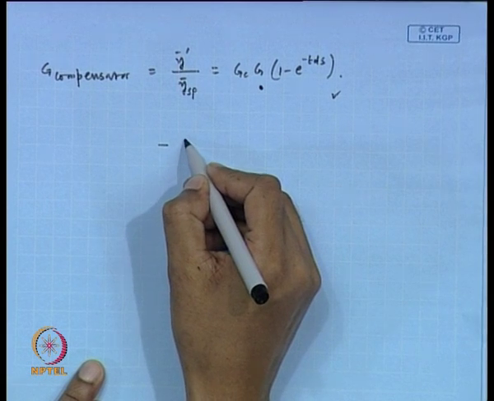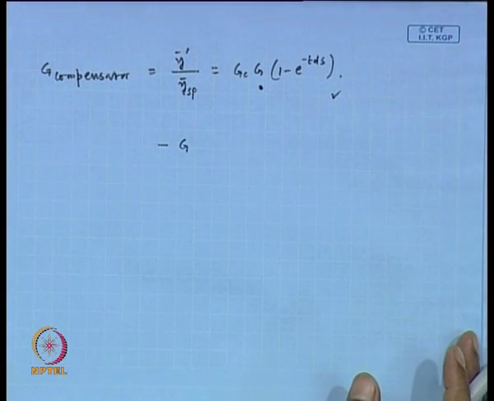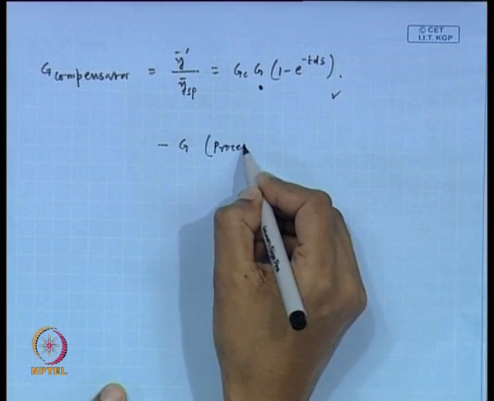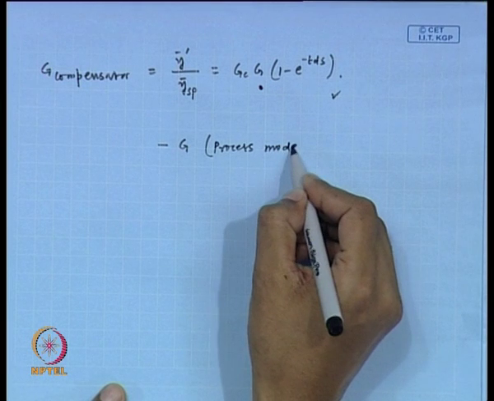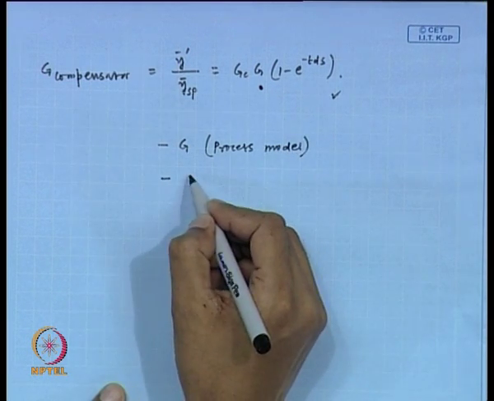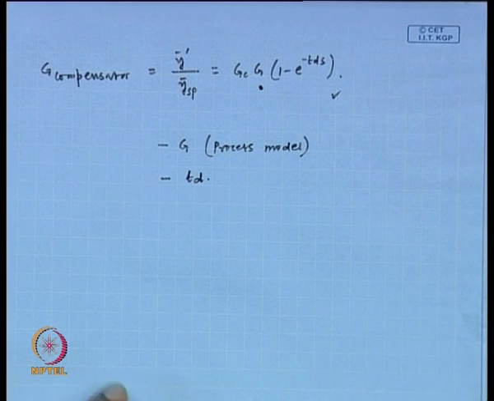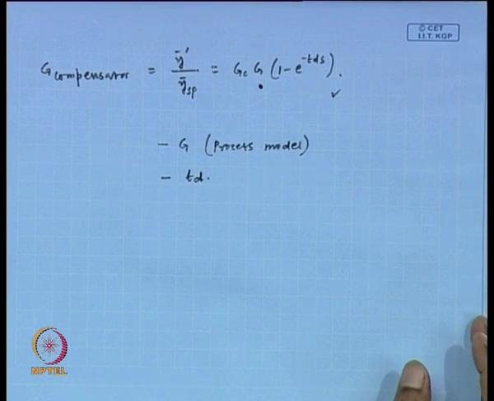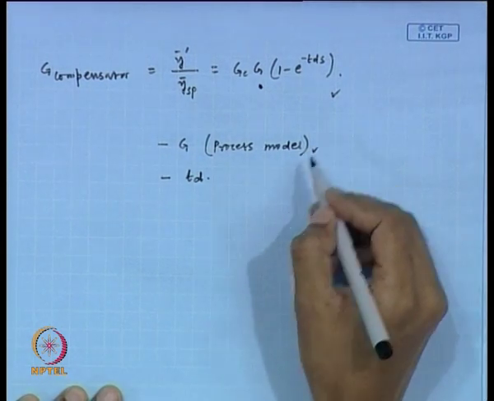This dead time compensator depends on the process model represented by Z. This also depends on the value of TD. We can get perfect compensation only if Z and TD are exactly known. We can get perfect compensation if the process model and TD value are exactly known.